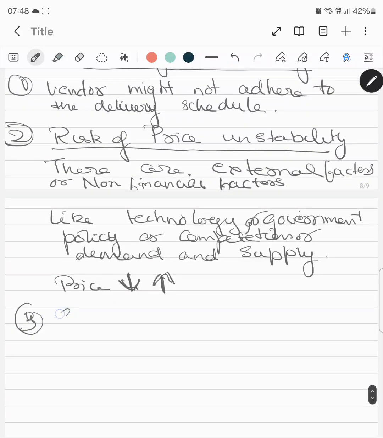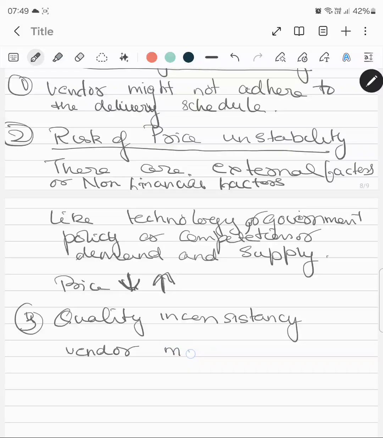The third can be quality inconsistency. There is a risk of quality issues, as the vendor might use cheaper raw material.